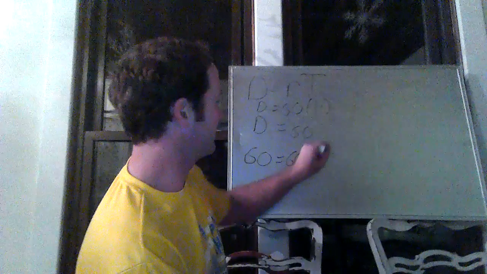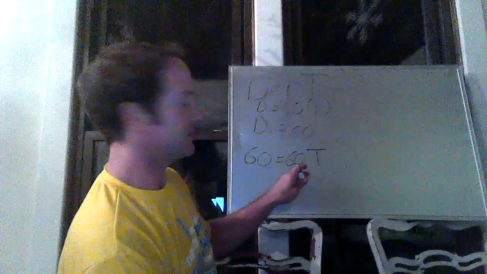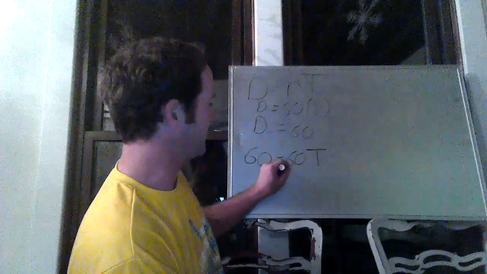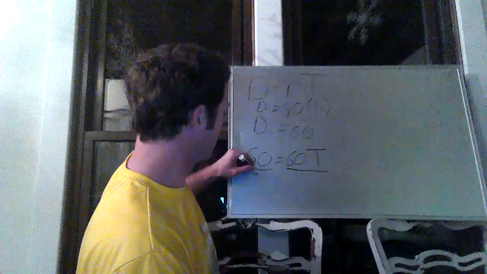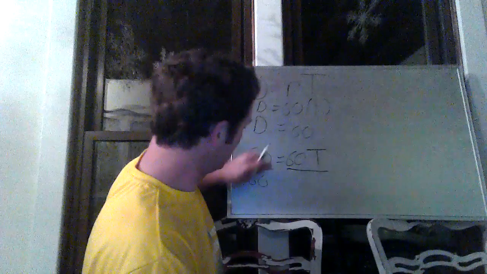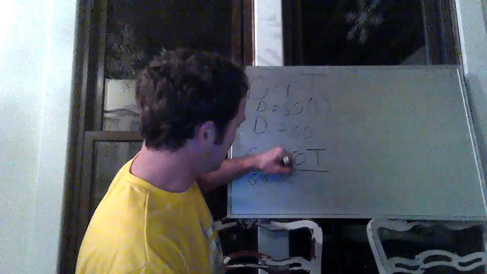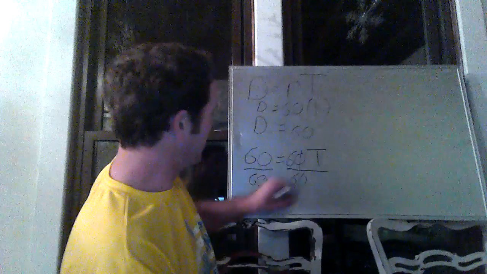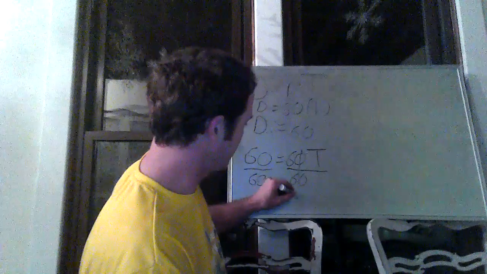Time. In this case, what I would do is divide both sides by 60, as you have learned to do. Divide by 60 over here, 60 over here, this crosses out. Time equals 1. 60 over 60 is 1.